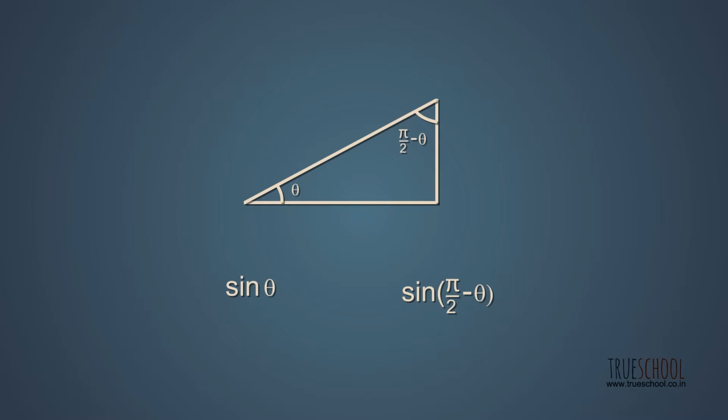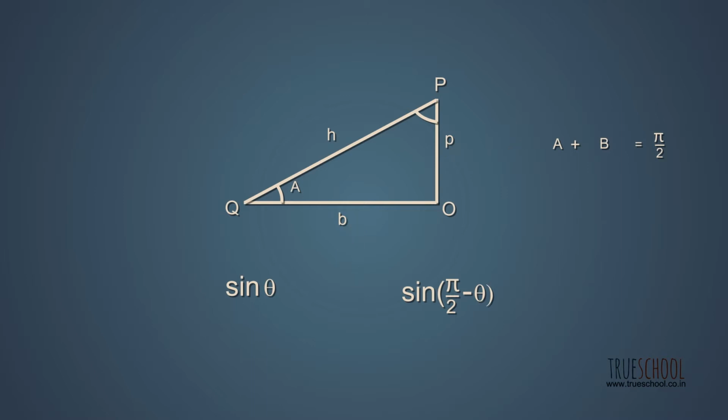For convenience, let's name the vertices as P and Q. The angle QPO is pi by 2 minus theta. So QPO and POQ are complementary angles. Let's also call the angle POQ as A and its complementary angle OPQ be B. If we need to find the trigonometric functions of A, we will take this side as perpendicular and this as base.